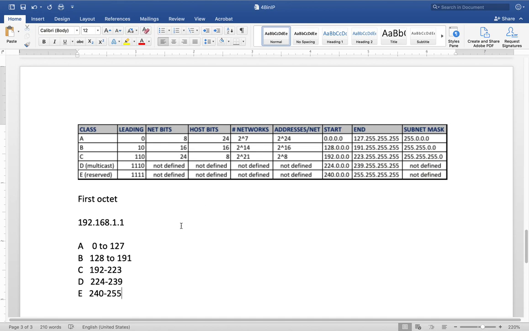For class B it's going to be 128.0.0.0 to 191.255.255.255.